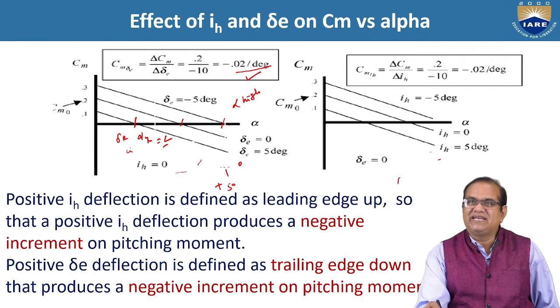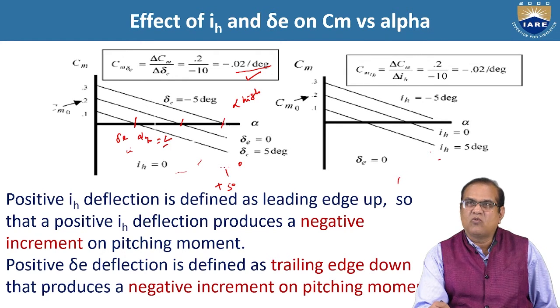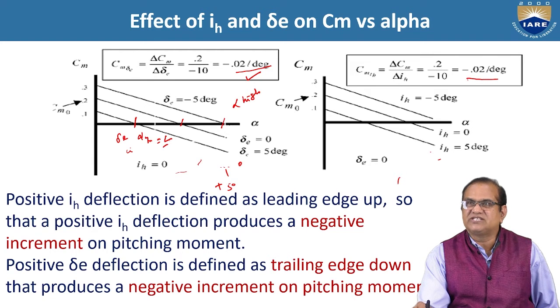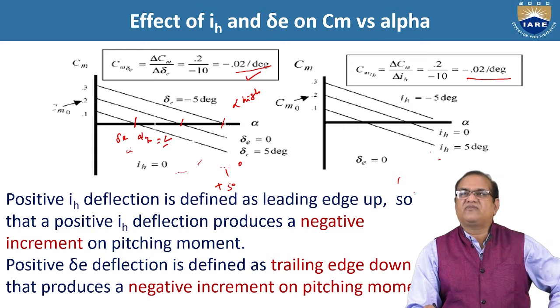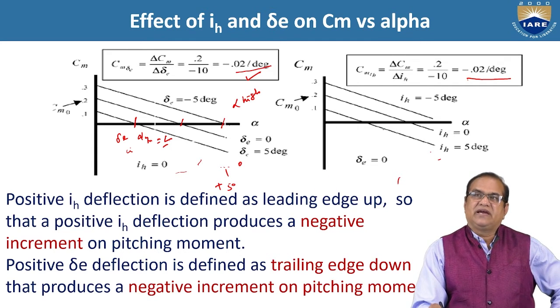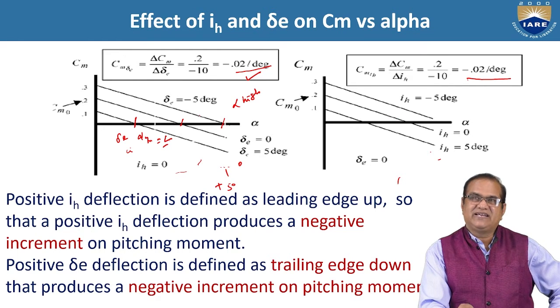So delta Cm by delta IH: here 0.3 minus 0.1, so it is 0.2, and here minus 5 to plus 5, it is a minus 10. So it is minus 0.02 per degree. So this is the effect of deflection of the incidence angle of the horizontal tail, and here it is the deflection of this elevator.